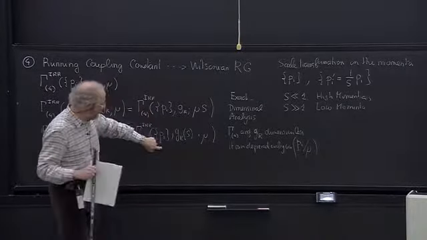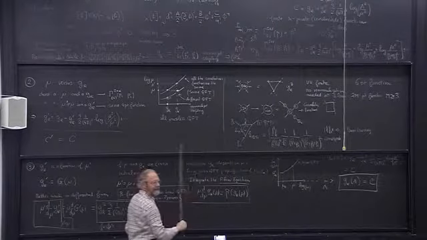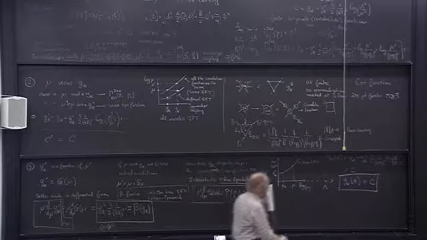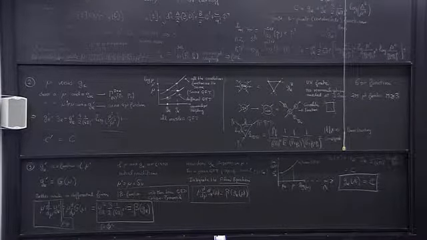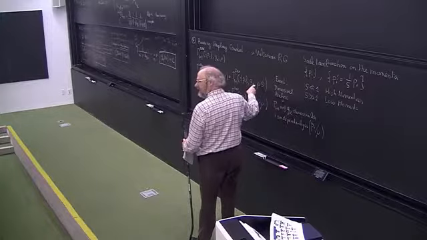Going from there to there requires relying on our renormalization calculation and the form of the renormalization. And you can check that. How does gr of s depend on s?